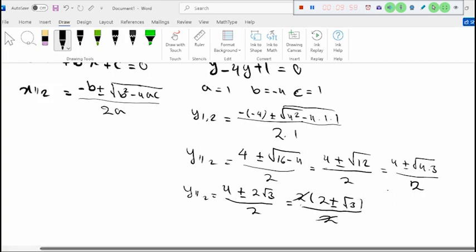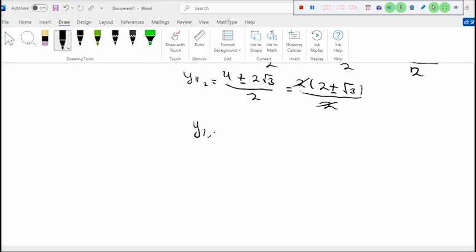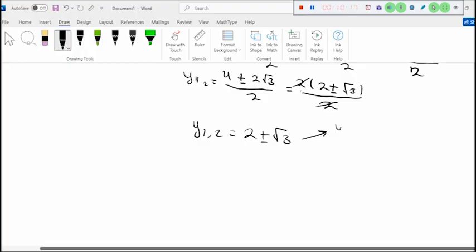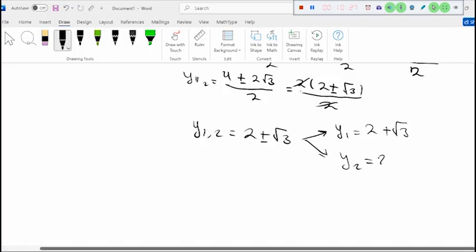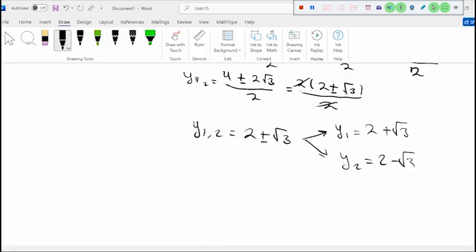Then we simplify it: y1,2 equals 2 plus and minus the square root of 3. So here y1 is 2 + √3 and y2 is 2 − √3.